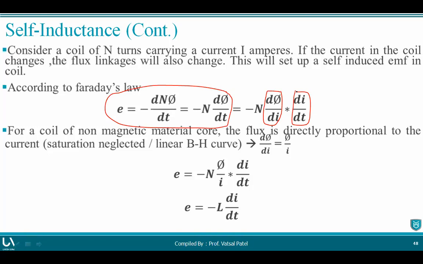So for a coil having a non-magnetic core, the flux will be directly proportional to the current value. So you will achieve a linear graph. And this magnetizing characteristic we will see also in your next theoretical component. You can say that you will have a graphical representation like this.